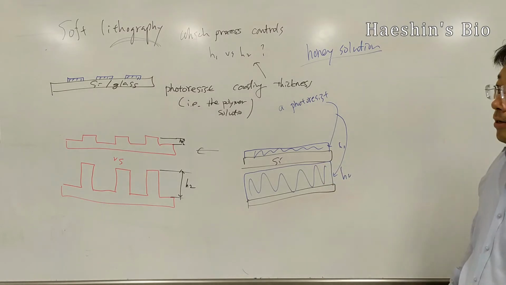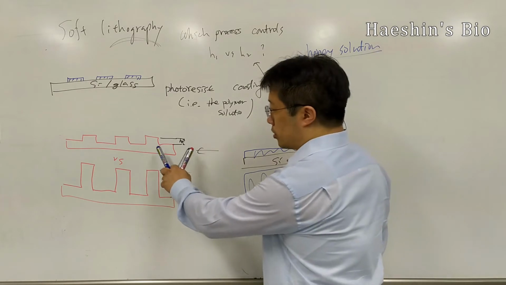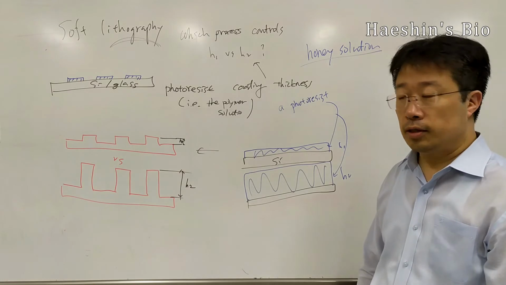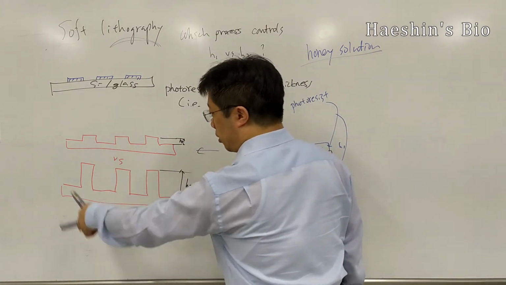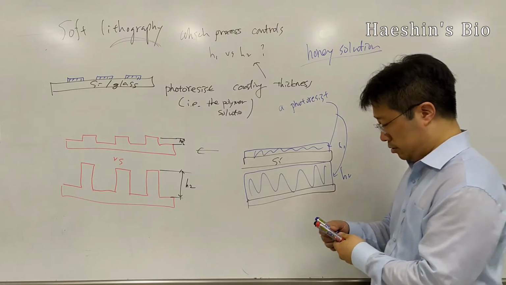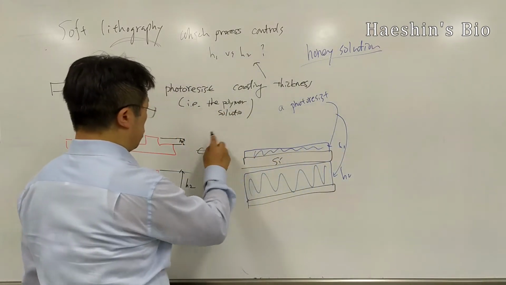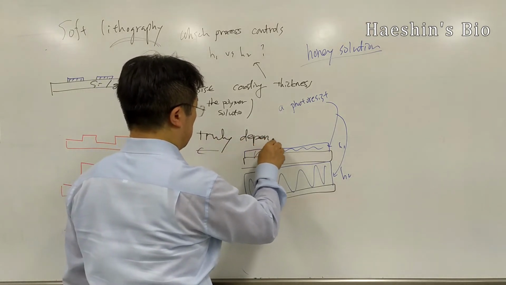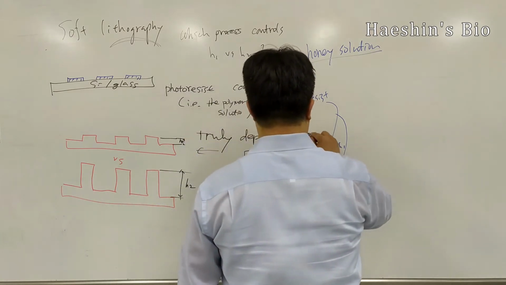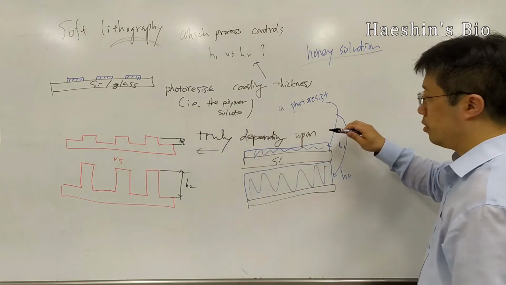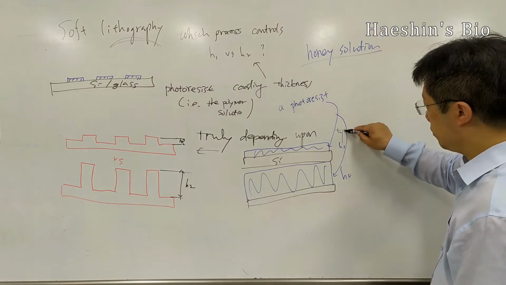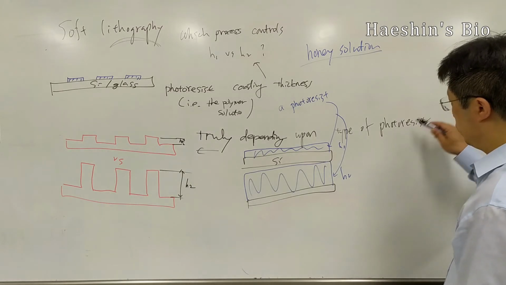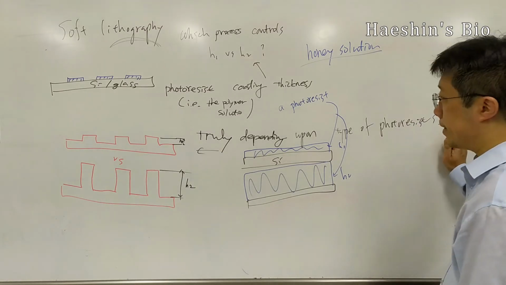So knowing how to make this doesn't guarantee how to make that. These things truly depend on the type of the photoresist, which is a polymer solution.